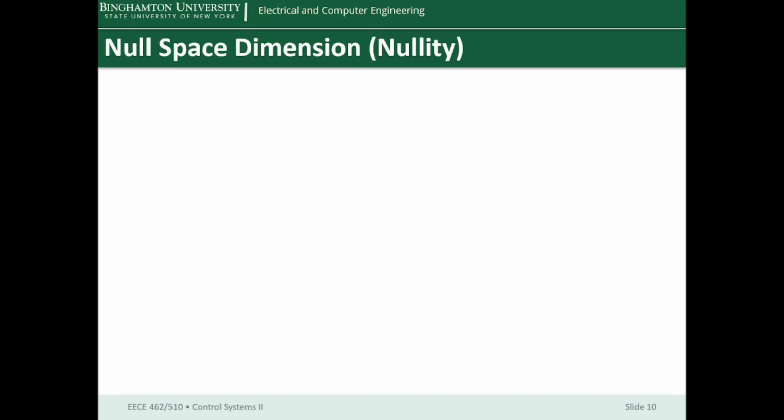Now it's time to define the dimension of the null space. We call this the nullity of matrix M. Let's assume the nullity of M is k.